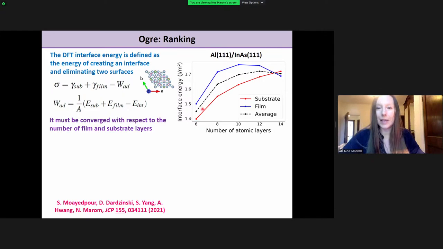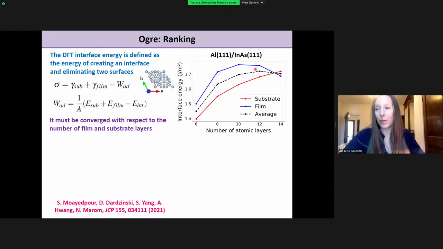Here you can see for the aluminum indium arsenide 111 interface, the red curve is when we change the number of substrate layers and keep the film layers fixed. The blue curve is when we change the number of film layers and keep the substrate layers fixed. The dashed line is the average, and you can see that ultimately they go to the same converged value.